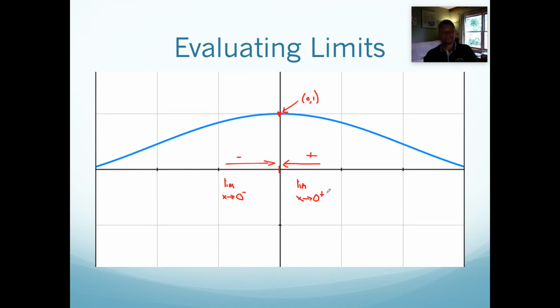Keep that in mind. Because what happens here is that you can approach a certain value of x from both sides and actually approach different values of y. And what that's referred to is a one-sided limit, which is our next topic.